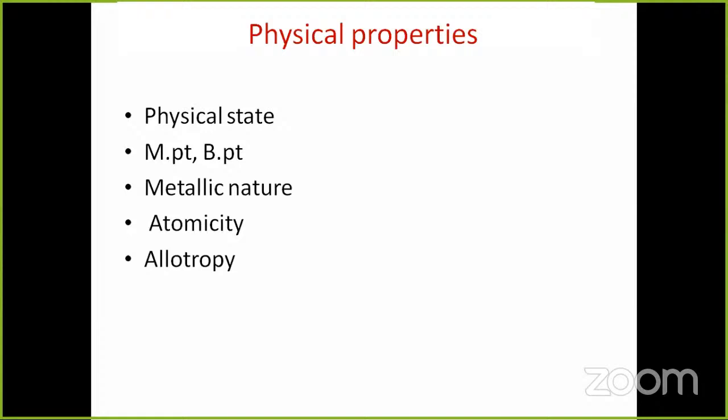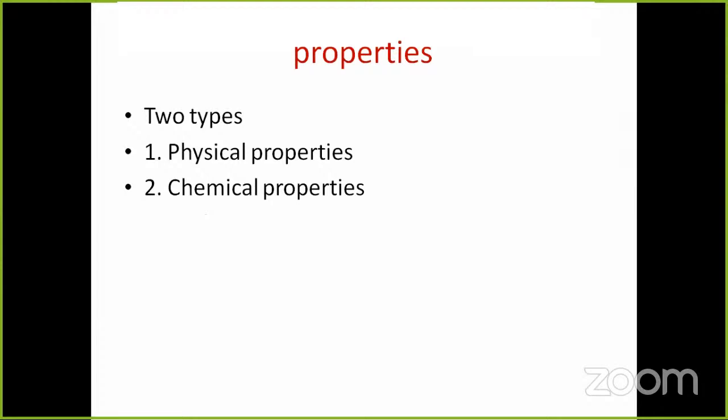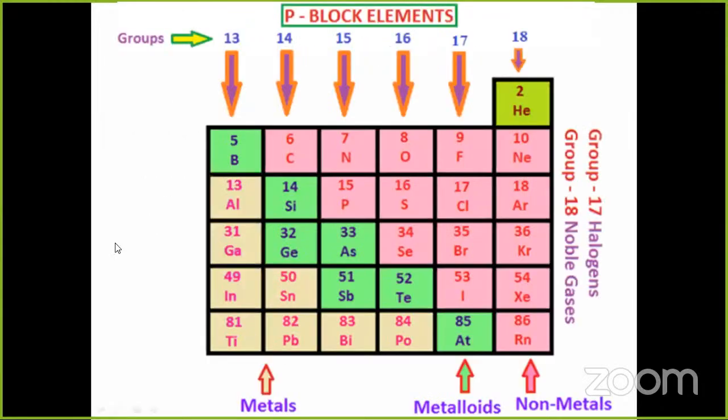Suppose physical state means some elements are available in gases. So for example, you see these are the group elements and the physical state. The 8th group elements are all available in gas state. You come to 7th group, fluorine and chlorine are gases, bromine is a liquid, and iodine is a solid.